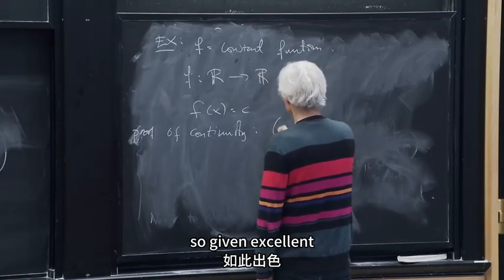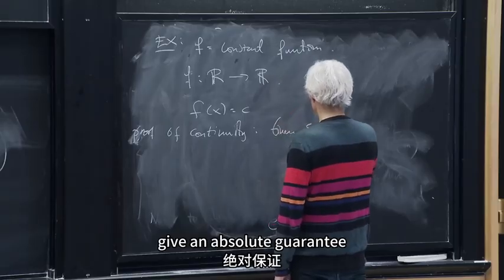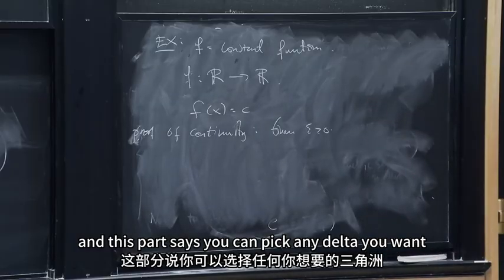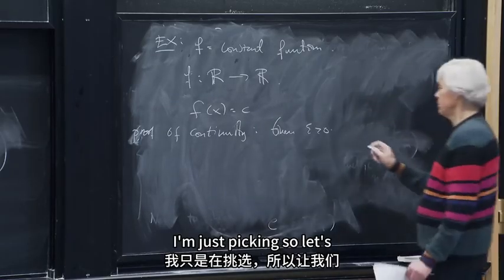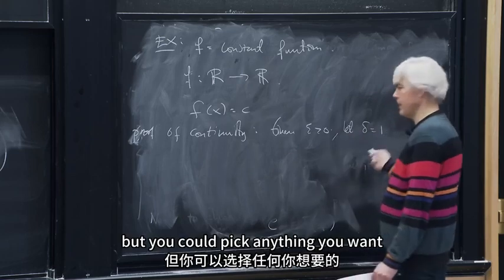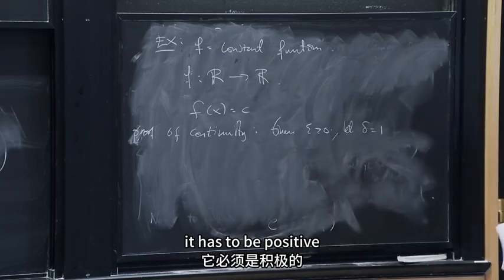So given epsilon greater than 0, at this stage you can pick any delta you want. I'm just picking, so let delta be equal to 1, but you could pick anything you want. It has to be positive.